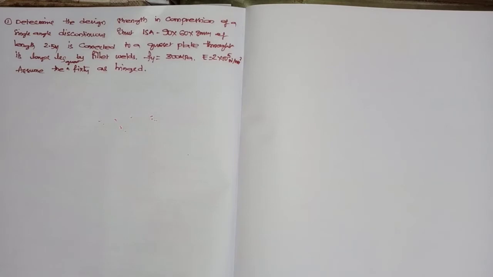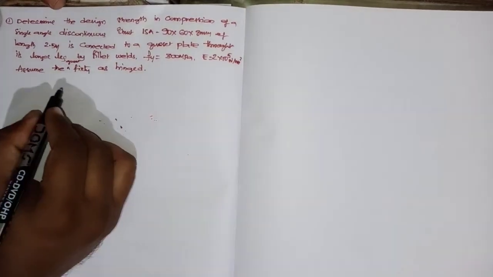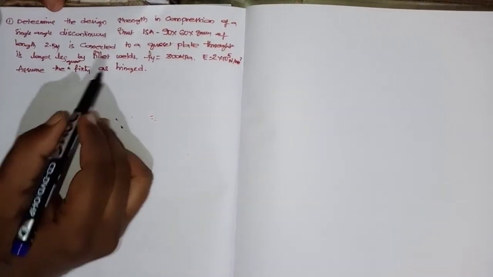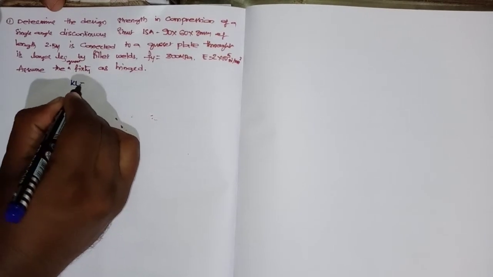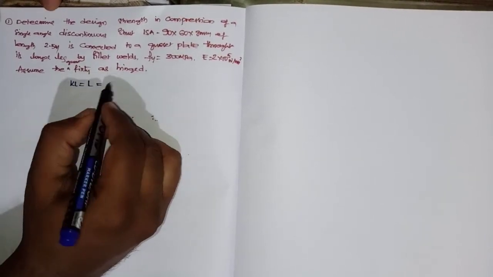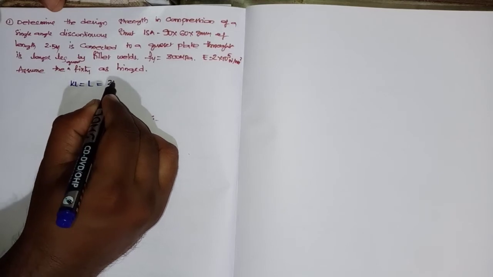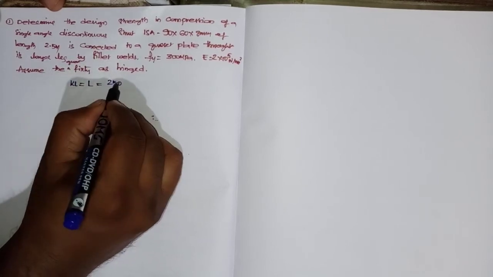Now we'll try to solve this problem. It is very easy, only formula based. Here in this condition, hinged, effective length equals actual length, that is 2.5 meters, so 2500.